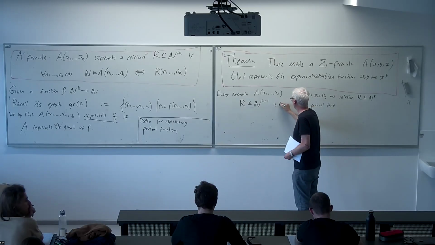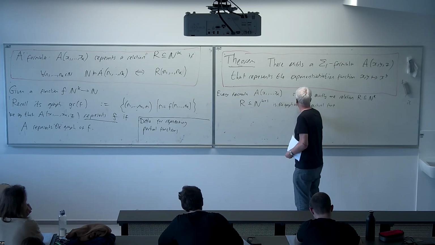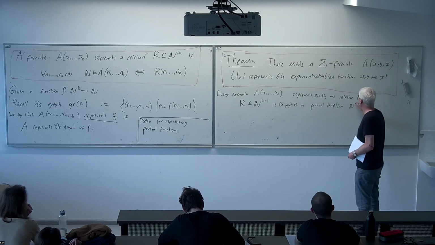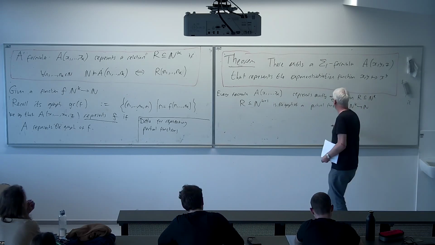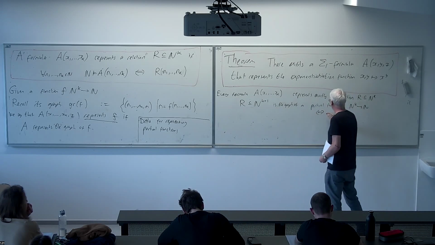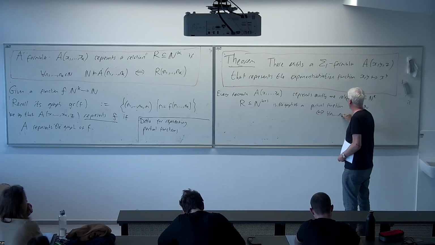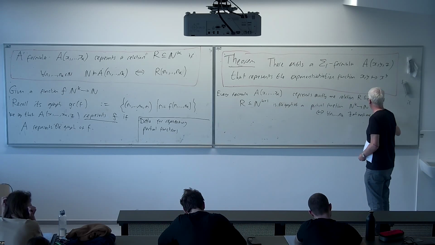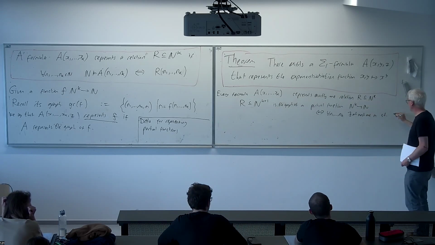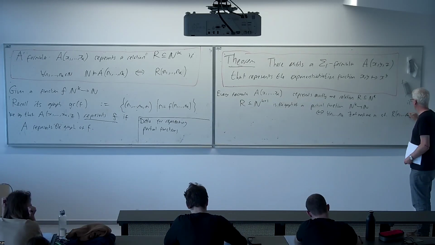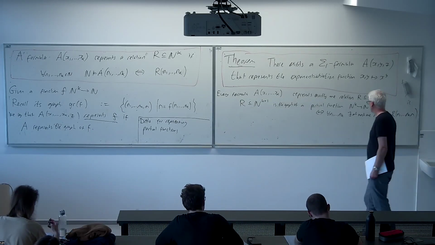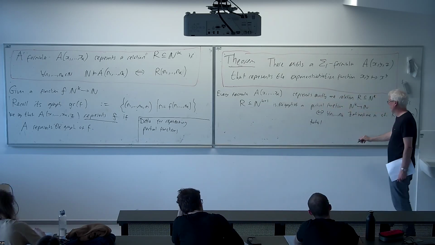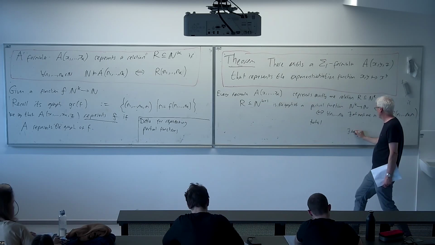So R is the graph of a partial function from N to the k to N if and only if for all n1 to nk there exists at most one m such that n1 to nk and m are in the relation. And it represents a total function if and only if there exists exactly one.